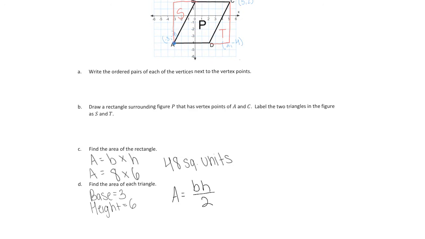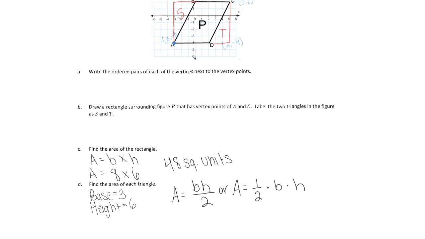Another way you could solve this is to multiply 1/2, because a triangle is 1/2 of a rectangle or a square, times base times height. Either would work. I'm going to stick with area equals base times height divided by 2.